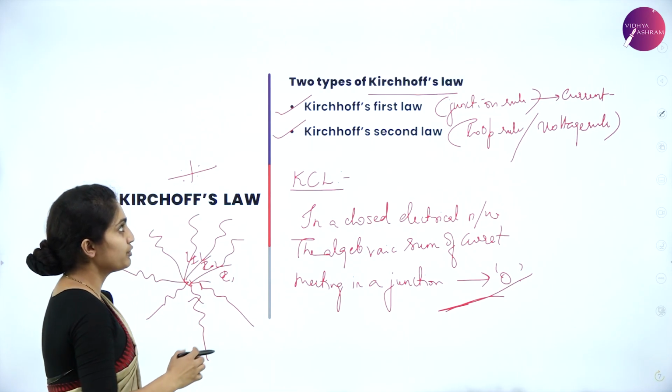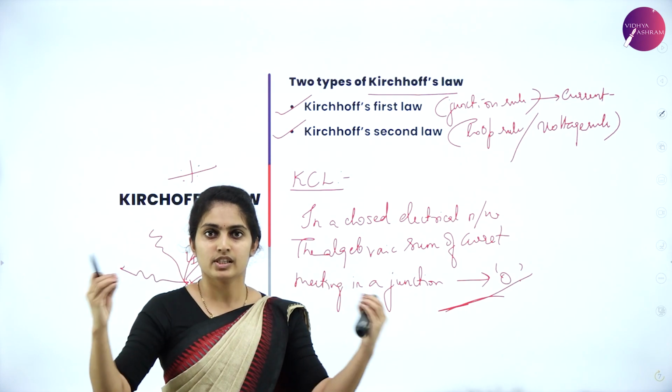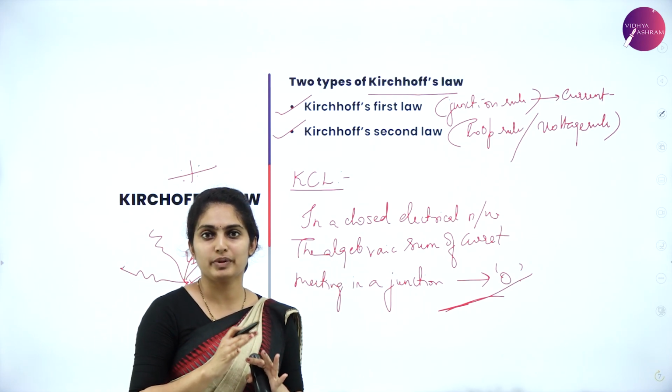This is one of the important laws, called the current rule. However much current comes towards the junction, the sum is 0.